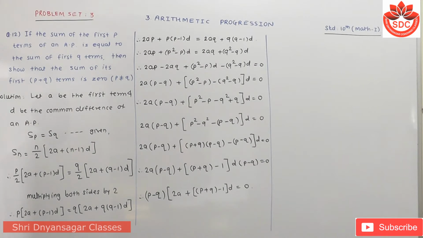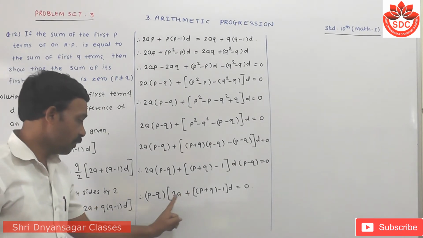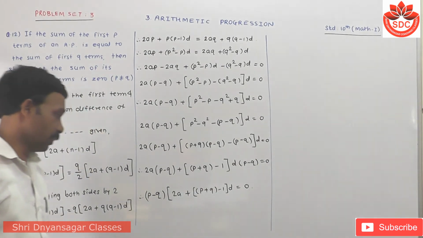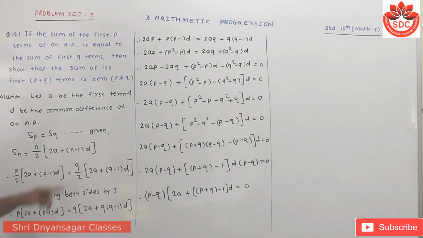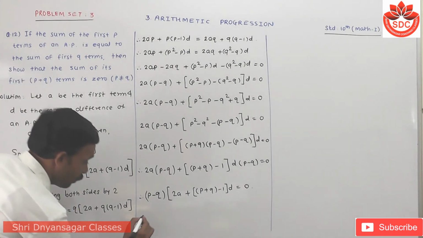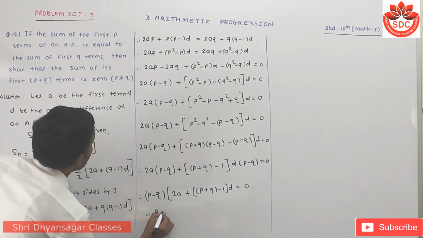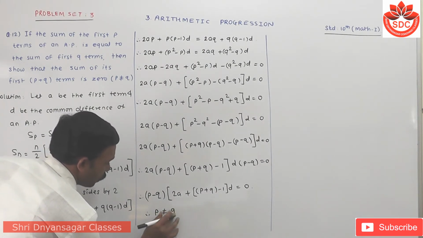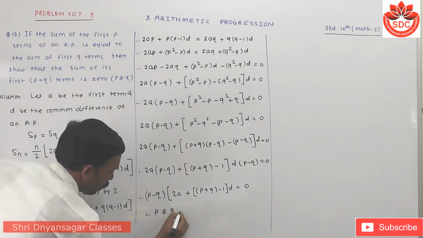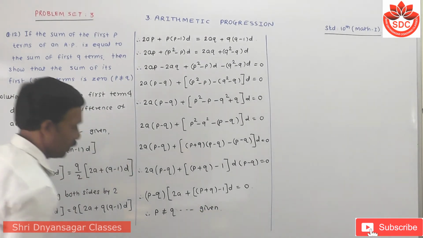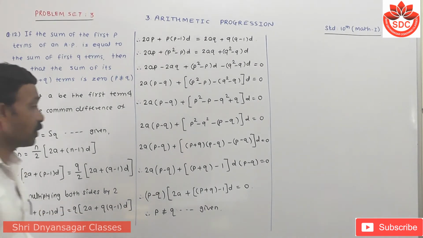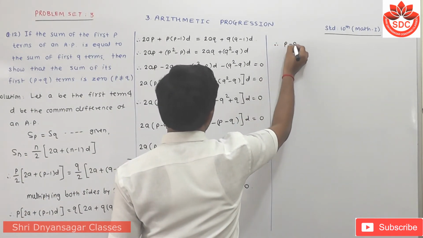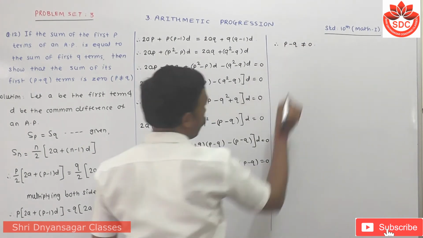Now student, we write this one as p minus q, and this whole bracket is equal to 0. Student, if the product of two terms is equal to 0, then at least one of them must be 0. But here it is given that p is not equal to 0.